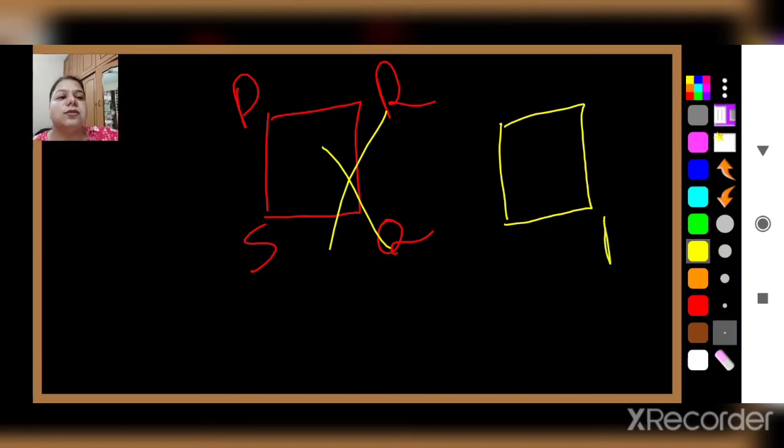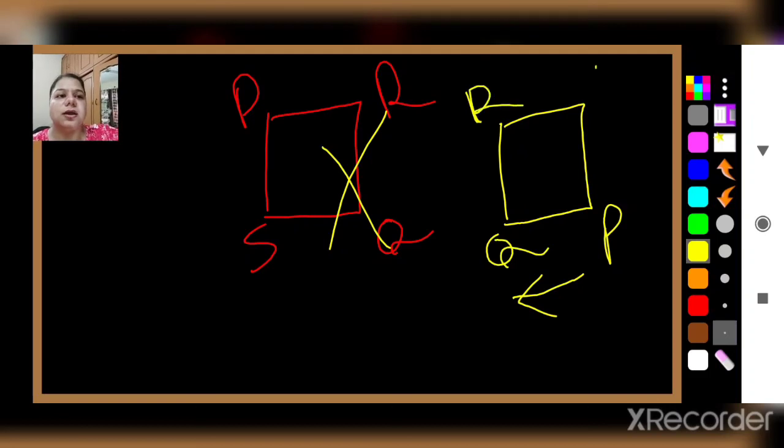Now I am going to start from this point. Children, make sure you remember that we can start from any point, but you must go either clockwise or anti-clockwise in cyclic order. If I go from this side in the anti-clockwise direction, P, here it will be Q, R and S. Clear?